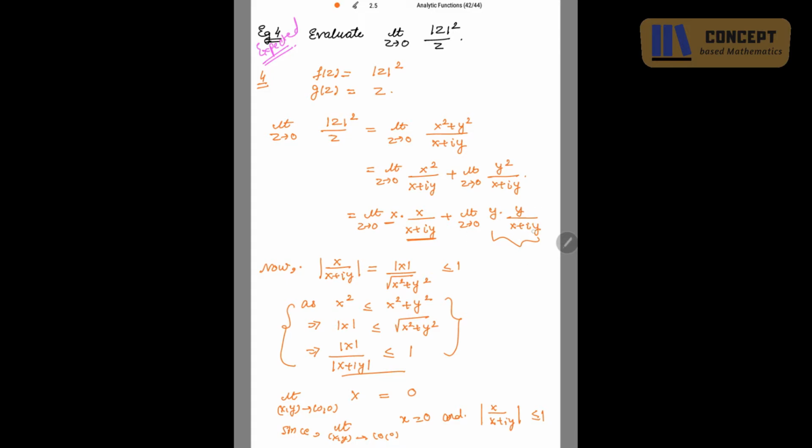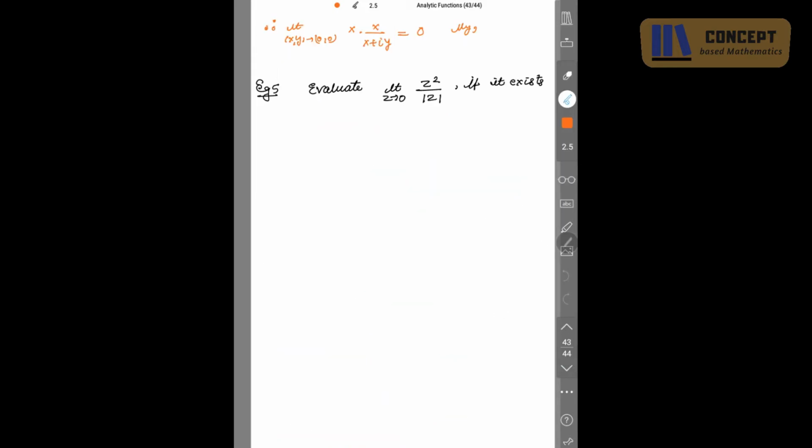Prove the second function to be bounded and the first function's limit should tend to 0, then the limit of the product tends to 0. So similarly, limit (x, y) tending to (0, 0) of y into y over x plus iota y is equal to 0.